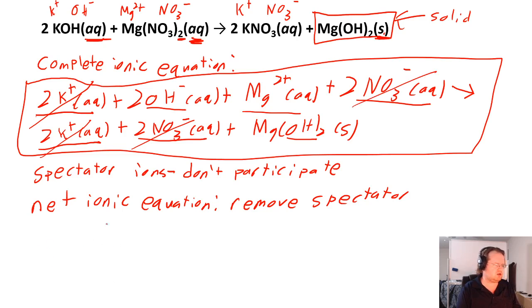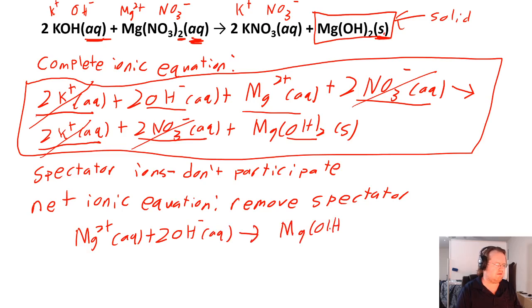So what really occurs in this reaction is that magnesium 2+, aqueous, and 2 hydroxide ions, aqueous, are reacting to form 1 magnesium hydroxide. That doesn't look like an H correctly. I did not mean to put an extra letter there. We'll just rewrite that.